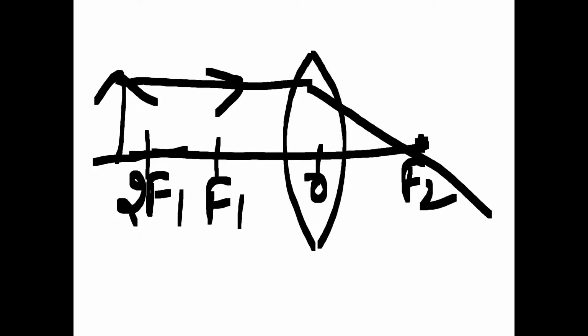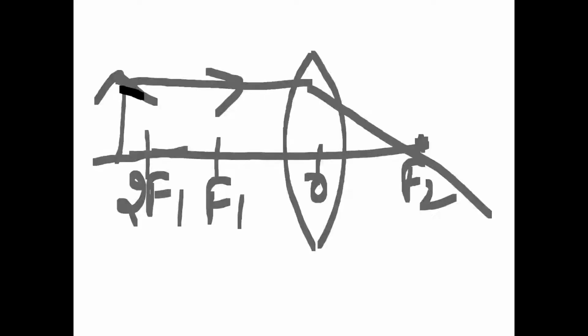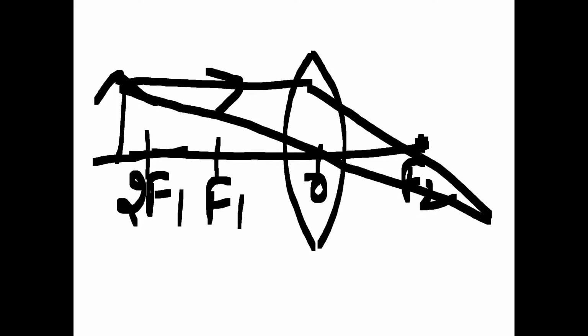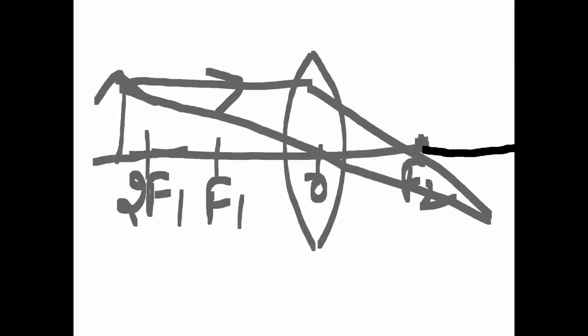Okay, then second ray will go through the optical center, and if the object is beyond 2f, then the image will be formed between f and 2f, means between f and center of curvature.